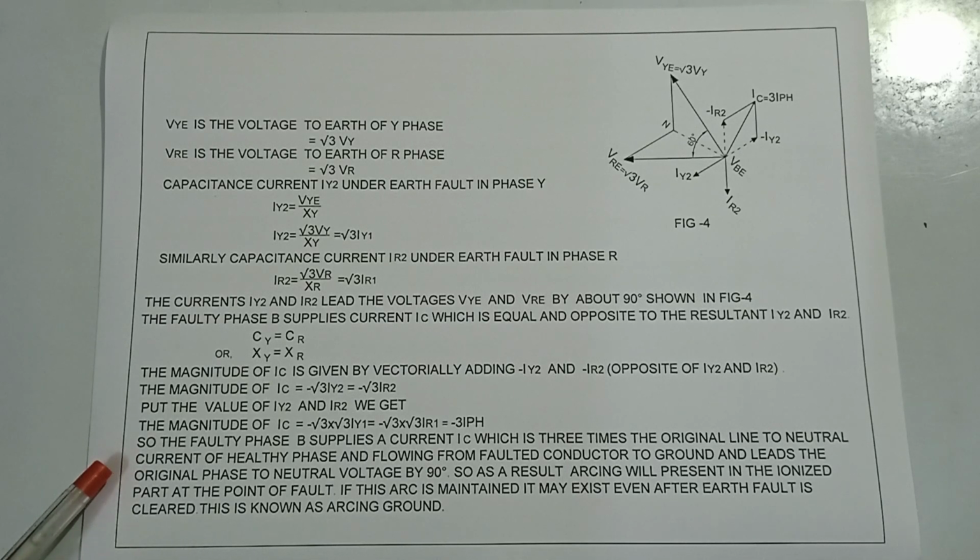The VBN or VBE is the voltage, and it is led by 90 degrees. As a result, arcing will be present in the ionized part at the point of fault.